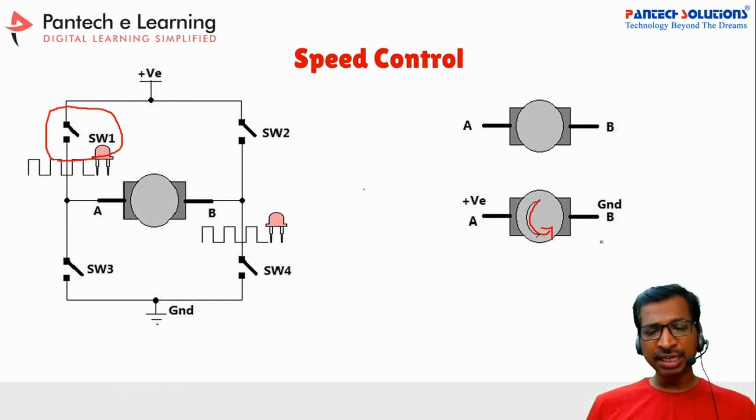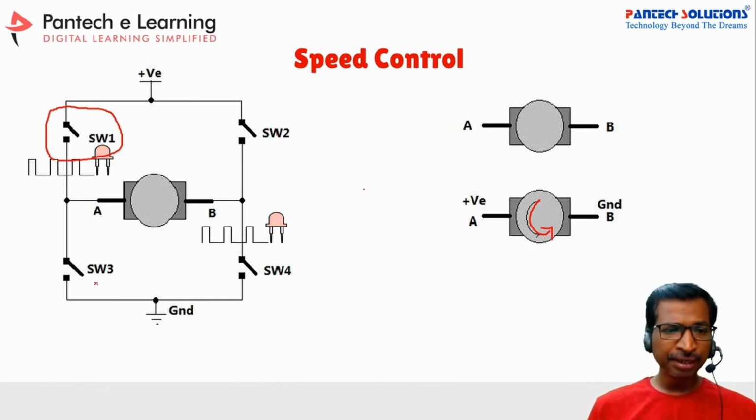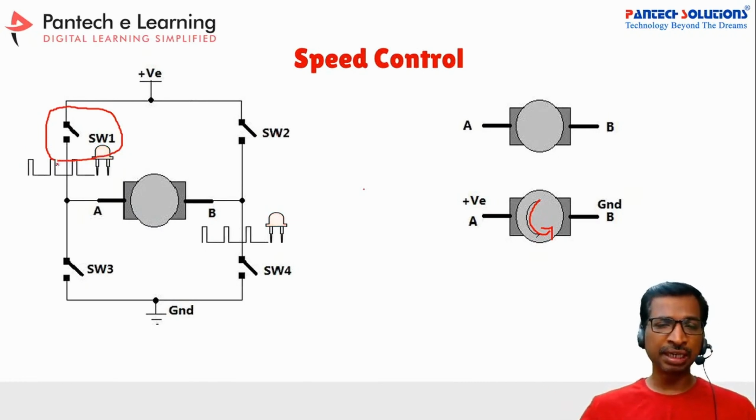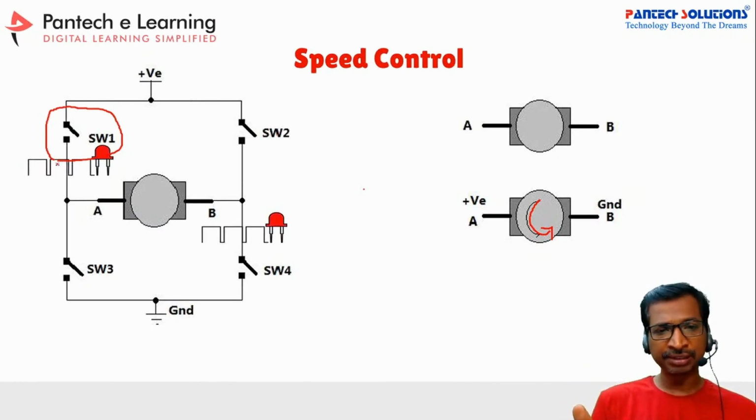Similarly, if you want to change the direction, then you have to enable SW2 and then SW3. So how can you control the speed? See here, the pulse width is going to adjust. If you vary the on time of the pulse, then we can get a variable output voltage at the motor terminal side.